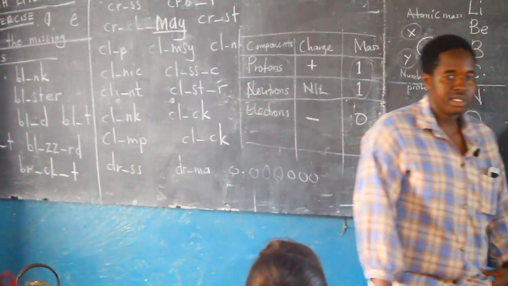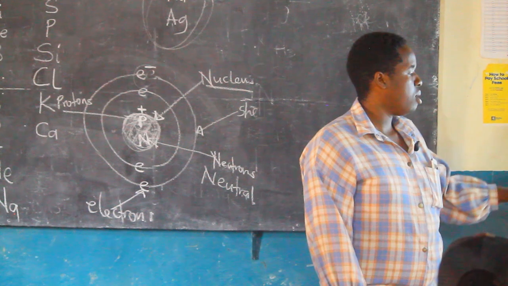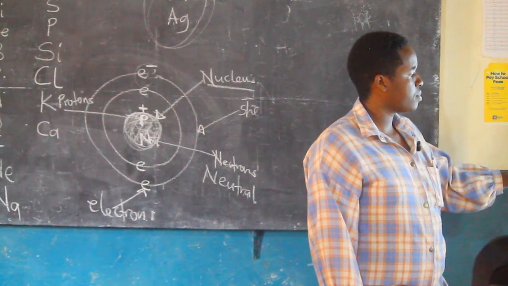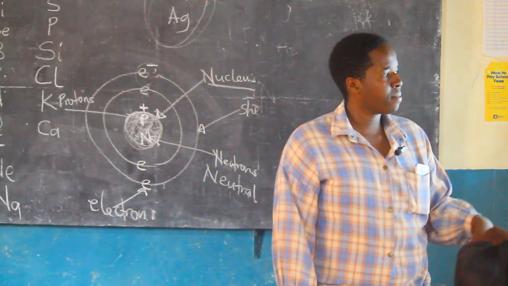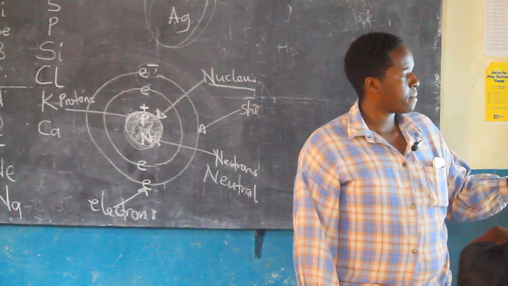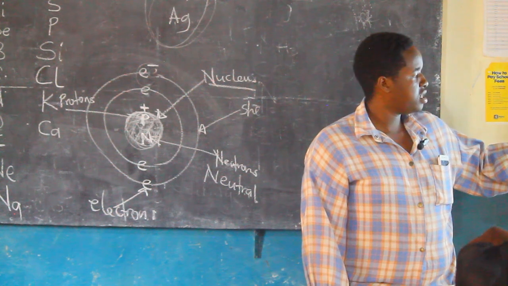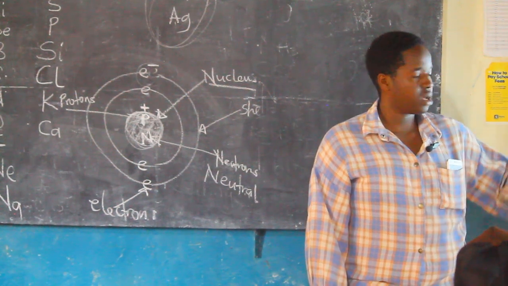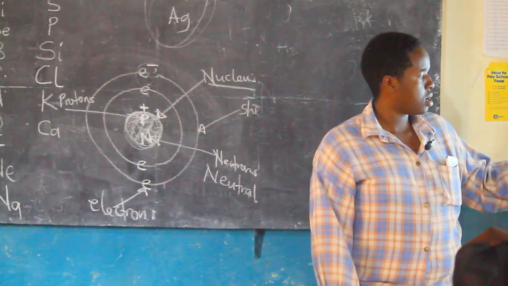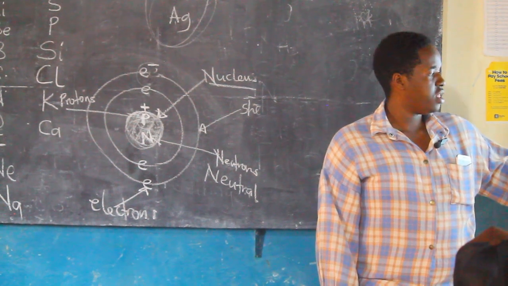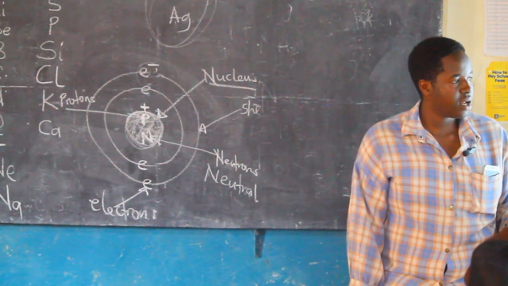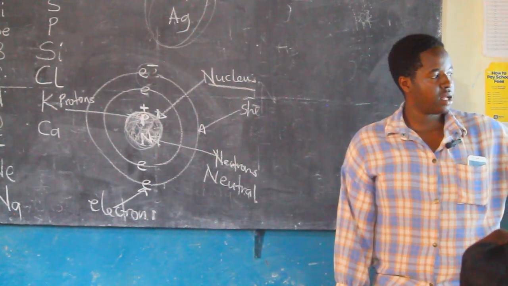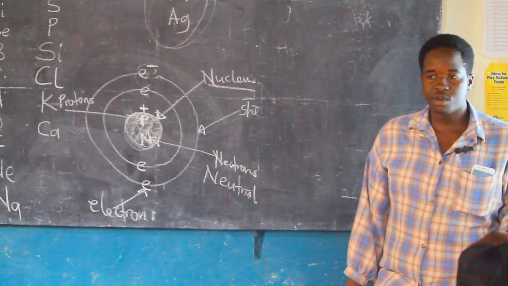Why would they go for protons alone? That number is called the atomic number. The atomic number is the total number of protons in the nucleus.